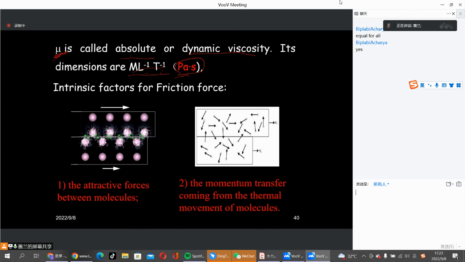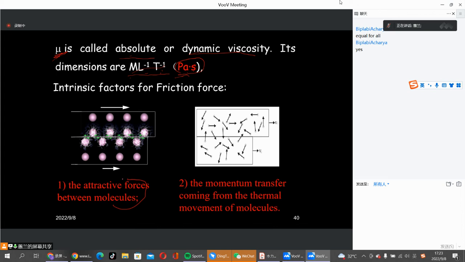Okay, so for fluid, we know fluid includes liquid and gas. For liquid, the most important thing is that the molecular forces are medium, okay? They have relative motion, but the motion is not strong enough.